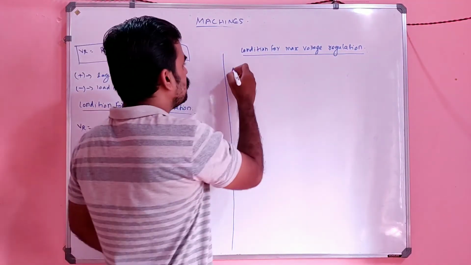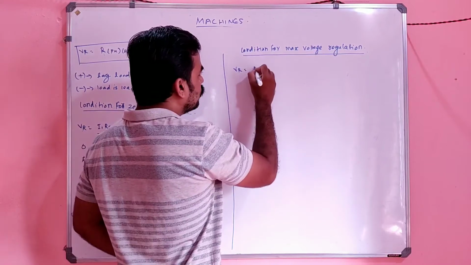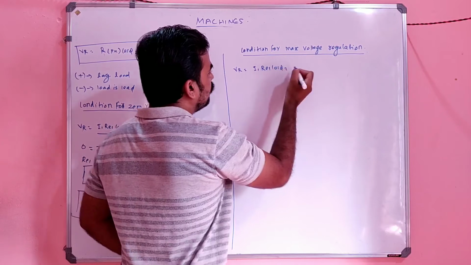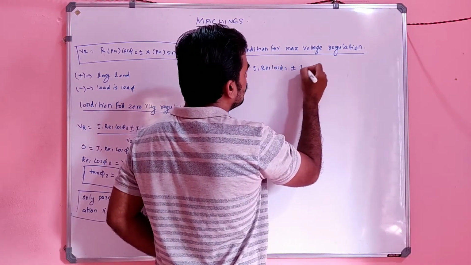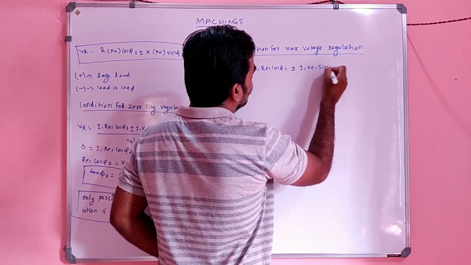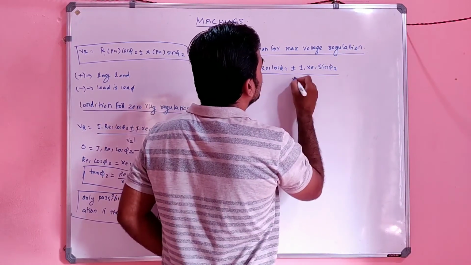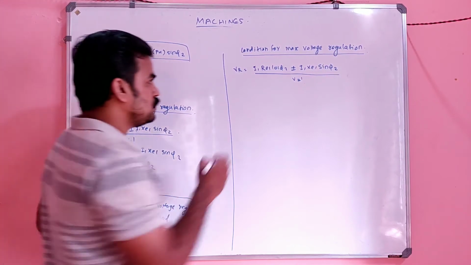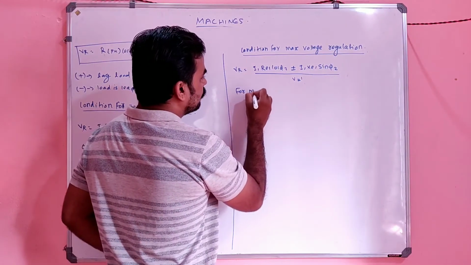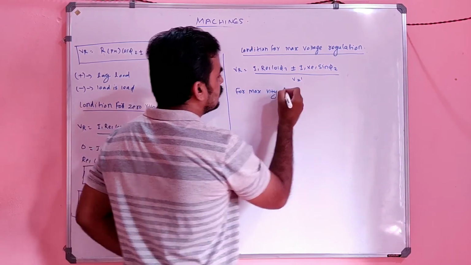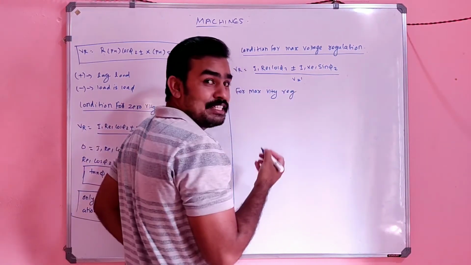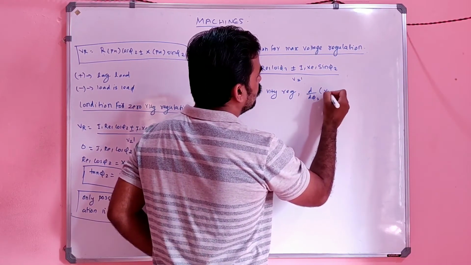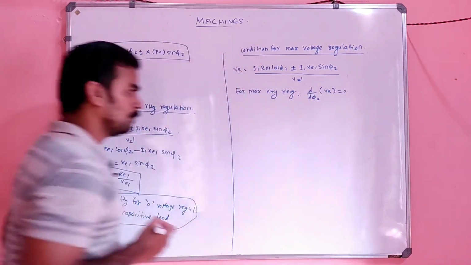Again we have the same equation of VR equal to I1 into RE1 cos phi 2 plus or minus I1 into XE1 sin phi 2, all divided by V2 dash. What is the condition for maximum voltage regulation? d by d phi 2 of VR will be equal to 0.